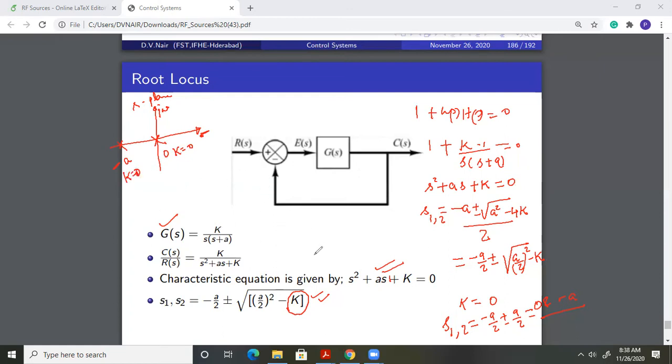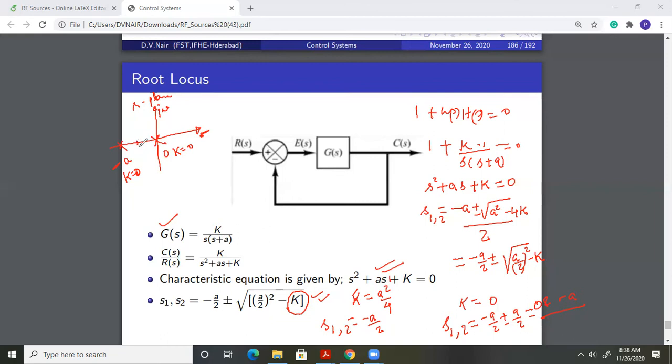Now I increase k and make k equal to a square by 4, or a by 2 whole square. In that case, what will be the two roots, s1 and s2? We see here that when k is equal to a square by 4, the two roots are repeating themselves at minus a by 2, because the square root will be 0. These two terms are the same under the square root. So the radical becomes 0 and both roots fall at minus a by 2. They are occurring at the same place.